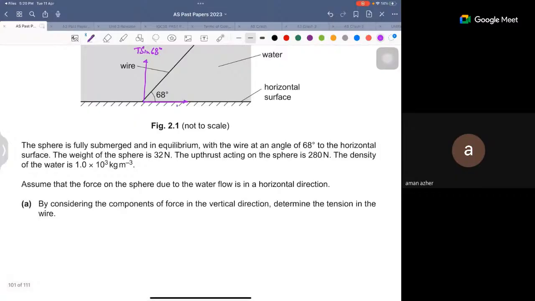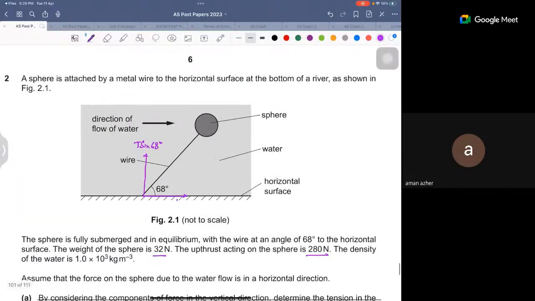It says the weight of the sphere is 32. Up thrust is 280. Weight is down. Up thrust is 280, weight is 32. Okay, and we have to balance this, right? So this tension needs to be in this direction, right? Here and here.